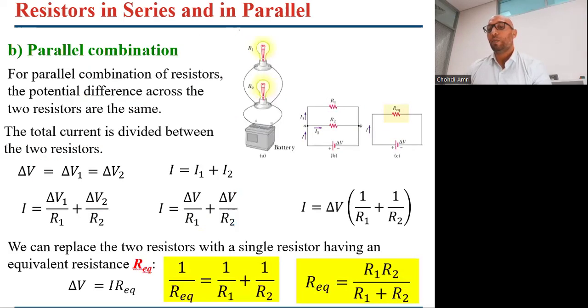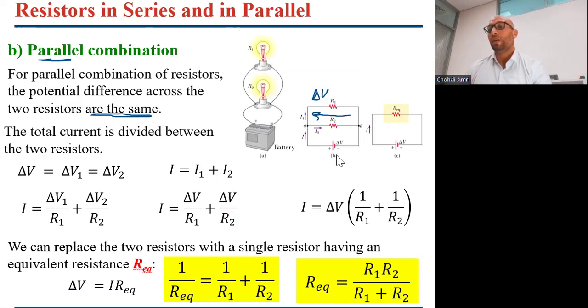Now let's move to the parallel combination. In the parallel combination, the potential difference across the two resistors is the same. Why? Because we are talking about a parallel combination. So here we have the same delta V for R1 and R2, since these two resistors are connected in parallel to the power supply.